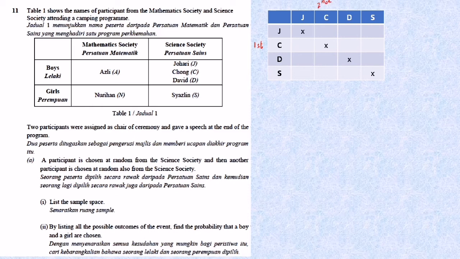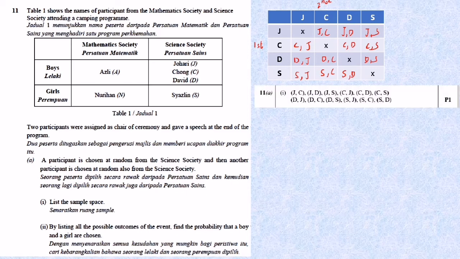Of course, we cannot obtain the same person here: JJ, CC, DD, and SS. So we cross it out and we start here: J, C, J, D, J, S. C, J, C, D, C, S. D, J, D, C, D, S. SJ, SC, SD, that's all.